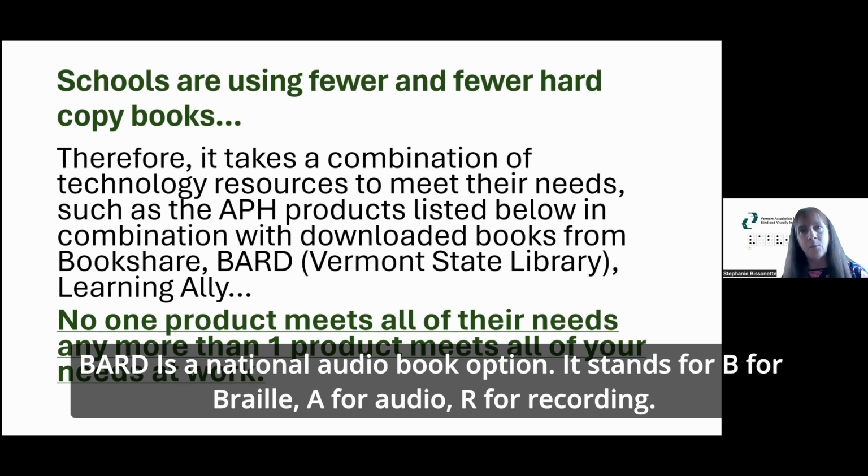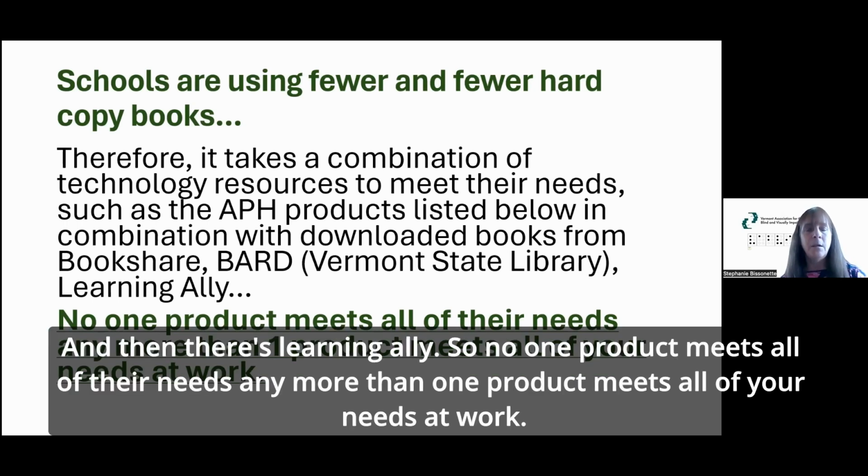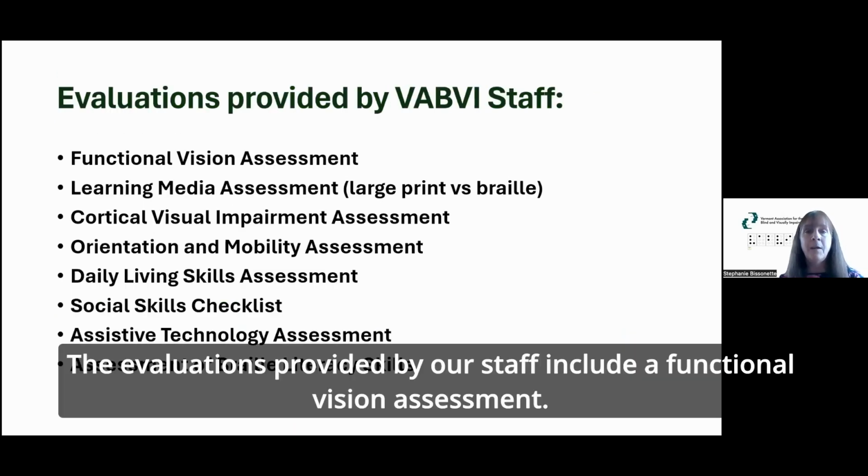BARD is a national audiobook option. It stands for B for Braille, A for audio, R for recording. And then there's Learning Ally. So no one product meets all of their needs any more than one product meets all of your needs at work. The evaluations provided by our staff include a functional vision assessment.